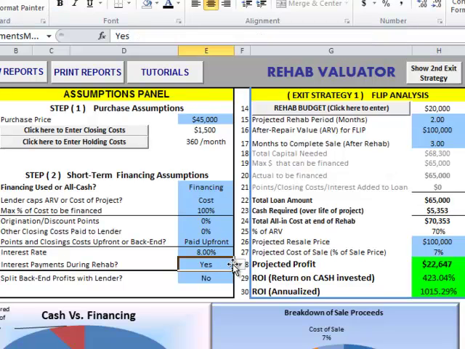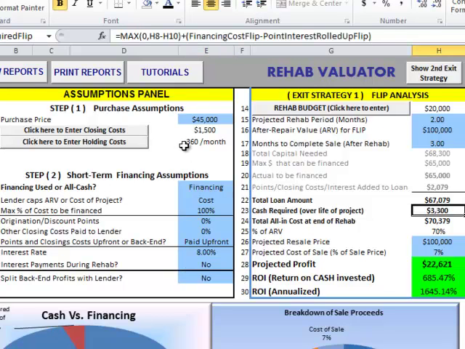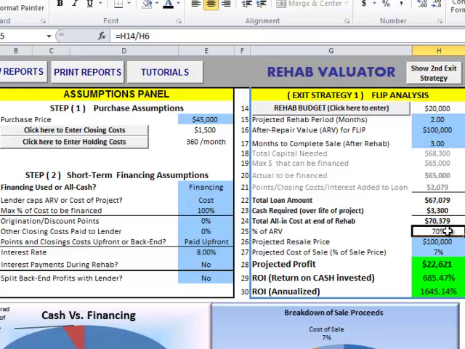If you say, I'm not going to pay you until I resell the deal, until I sell this house to a homeowner, your cash required goes to $3,300, which is just your closing and your holding costs. So now you can immediately see that you're going to resell this house. Your cost basis, including your financing costs, will be 70% of the after repair value. Your projected resale price will be $100,000.